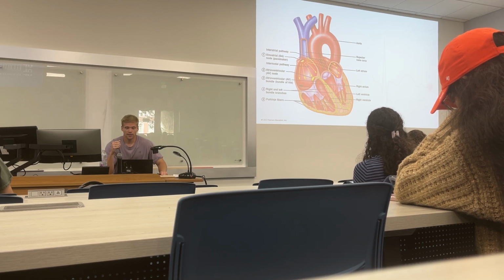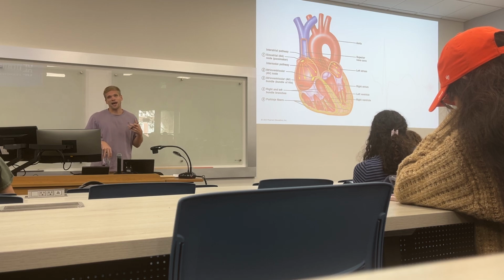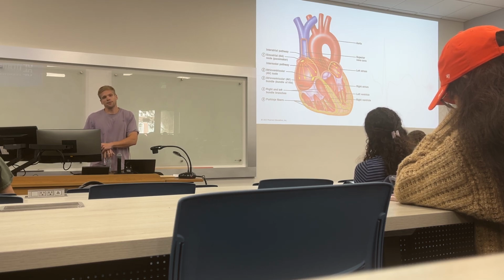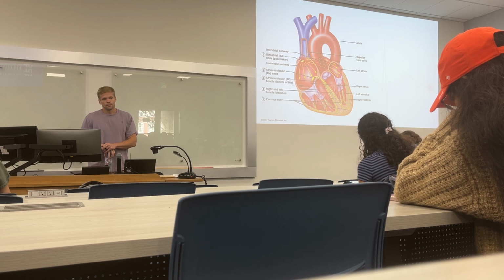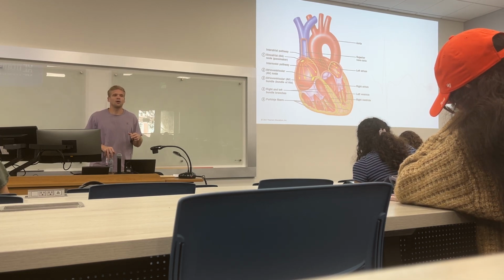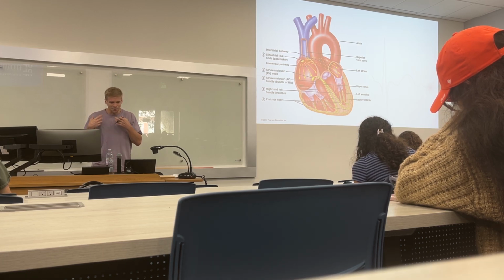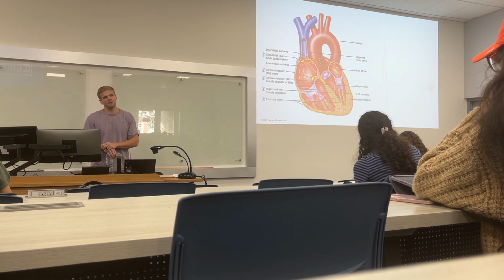What makes the sinoatrial node fibers unique is the fact that they can generate their own action potentials. That's what makes the SA node, as it's often called, unique. The fibers that make it up can generate their own action potentials. But other than that, the SA node looks just like all the other cardiac muscle fibers of the heart.